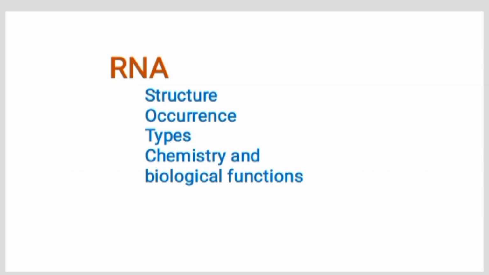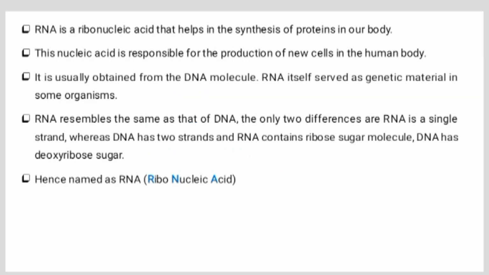Next, we'll move on to RNA structure, occurrence, types, chemistry, and biological functions. What is RNA? RNA is a ribonucleic acid that helps in the synthesis of proteins in our body. The nucleic acid is responsible for the production of new cells in the human body.